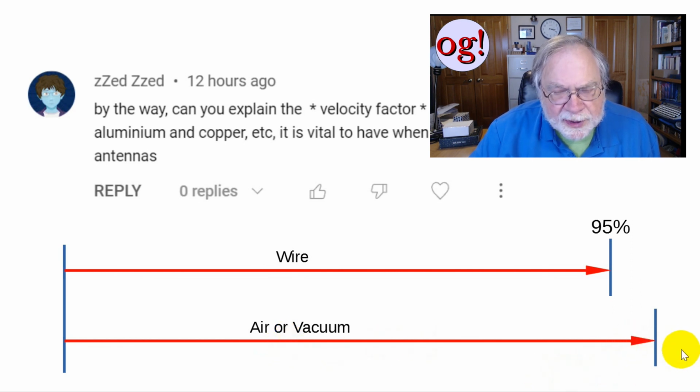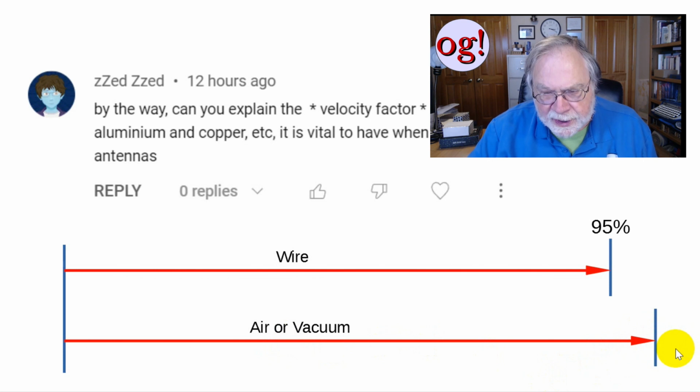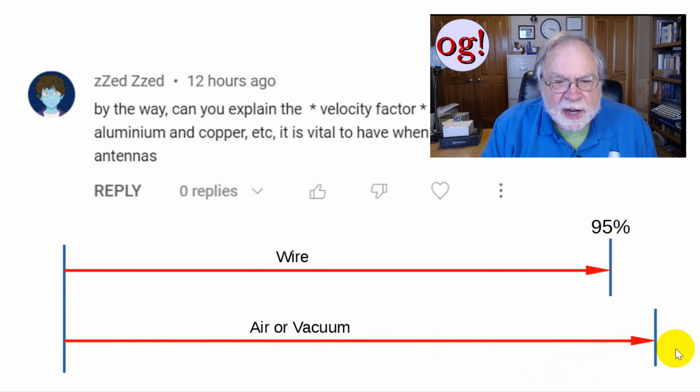Now that's real nice, but air or a vacuum won't connect you to your antenna. You have to have a transmission line, and the transmission line has a velocity factor. So it's the percent of distance that the electromagnetic field can travel in the medium compared to the distance that the electromagnetic field can travel in air or a vacuum.